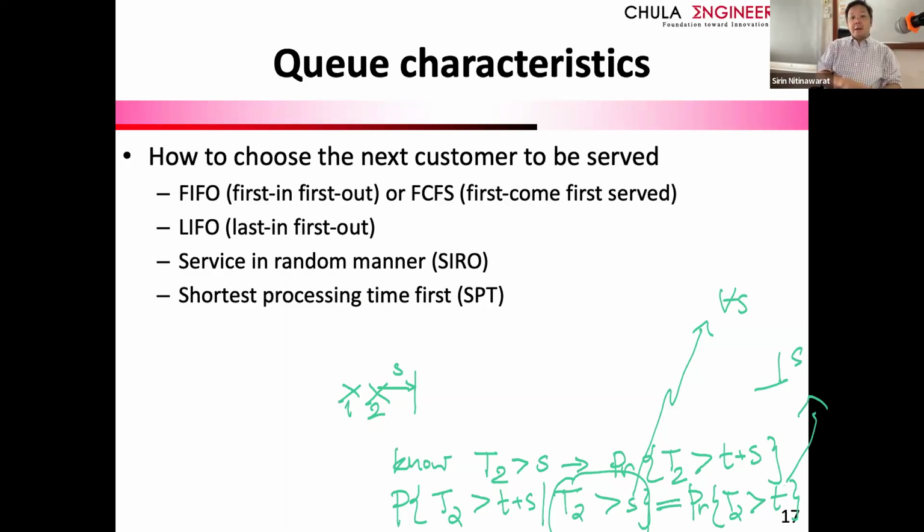This means that the server will have to know the service times of the customers in the queue ahead of time. And in that situation, it may be efficient to do the shortest one first, to deplete the queue in a quicker manner.